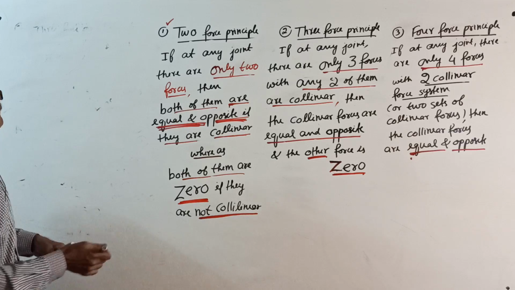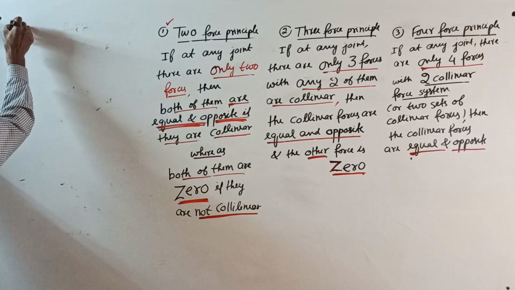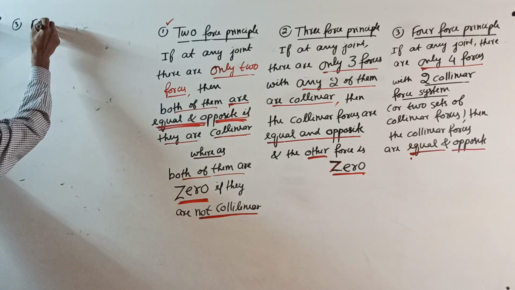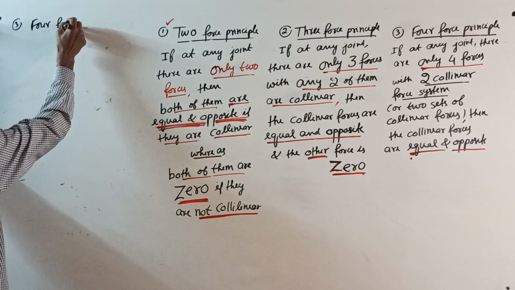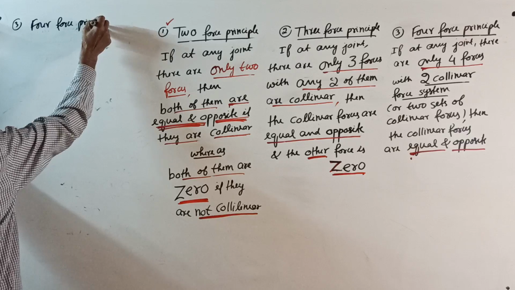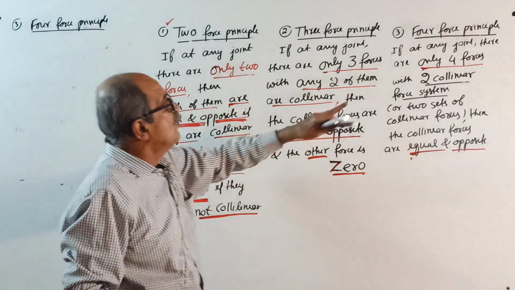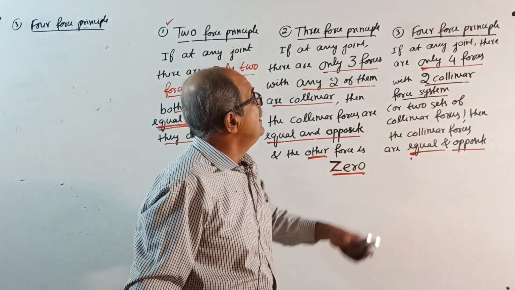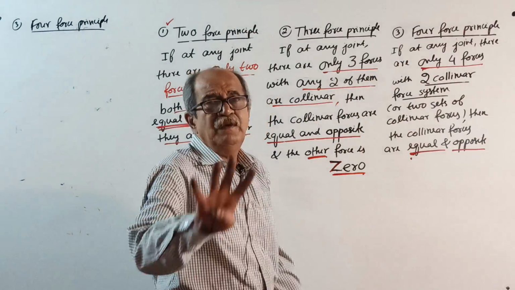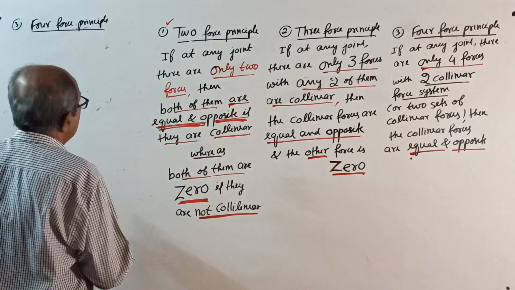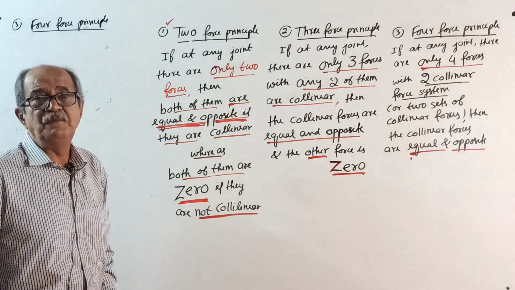Okay, see, the four force principle. The four force principle statement is: at any joint, there are only four forces, randomly. Right here, you should write the statement. I am dictating.